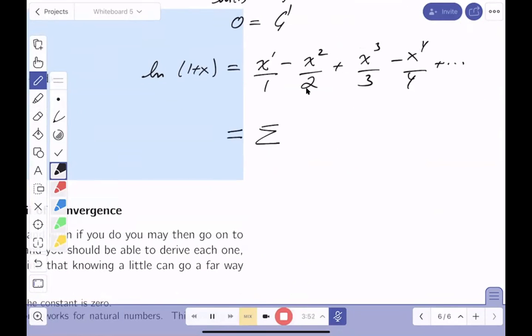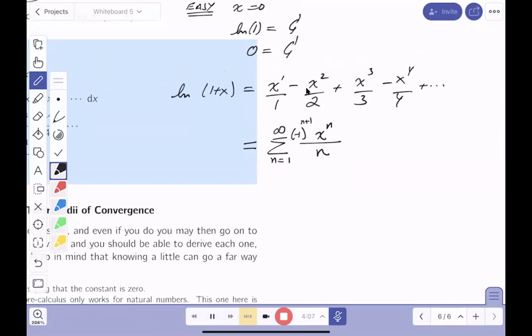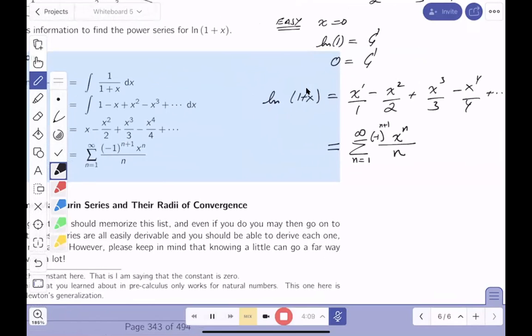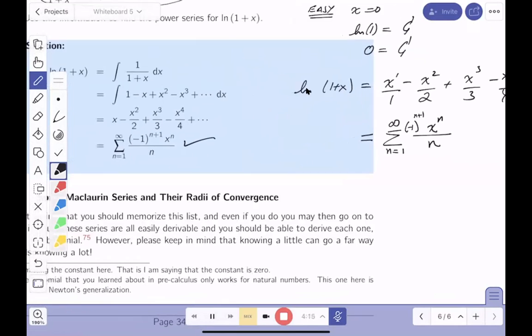And again, I'll check the key later. n equals 1 to infinity, x to the n over n, and it alternates. And I have to put n plus 1 now. Let's see if we got it. And it's right over here. Let's just check it. Looking good. We did okay.